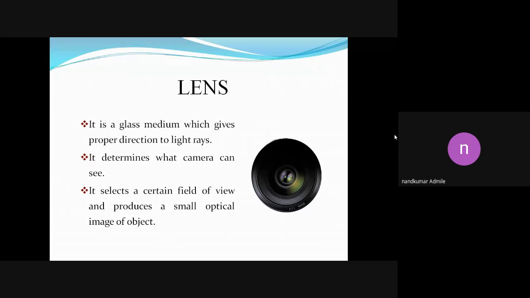By using a lens we can give the proper direction to the light, and that light is focused on the object. So if we have to capture an image or a video, we first focus the light on that object by using the lens.